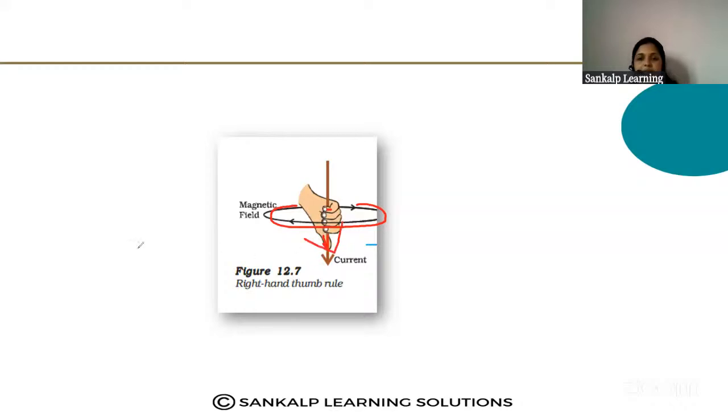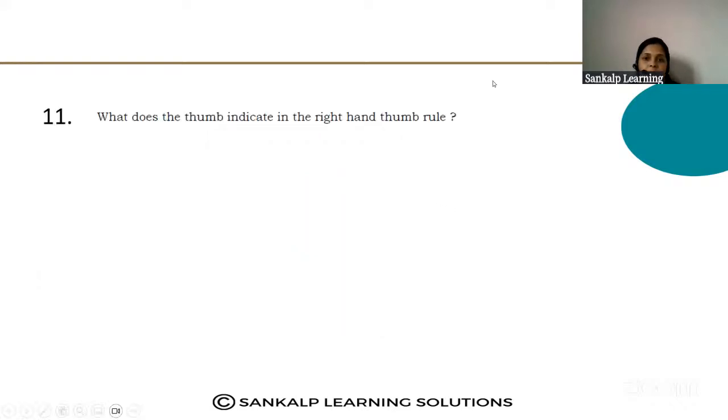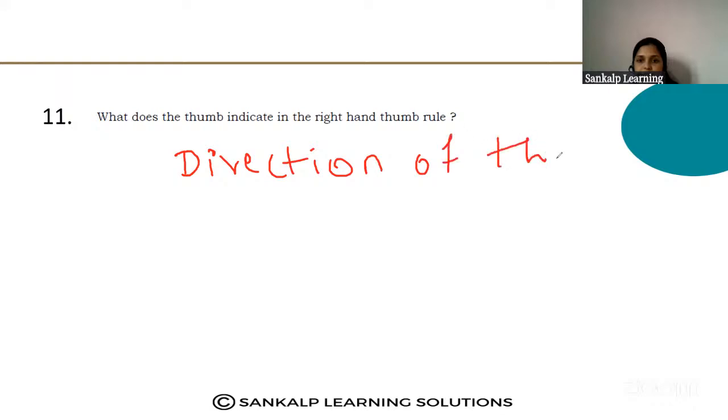The thumb indicates the direction of the electric current.